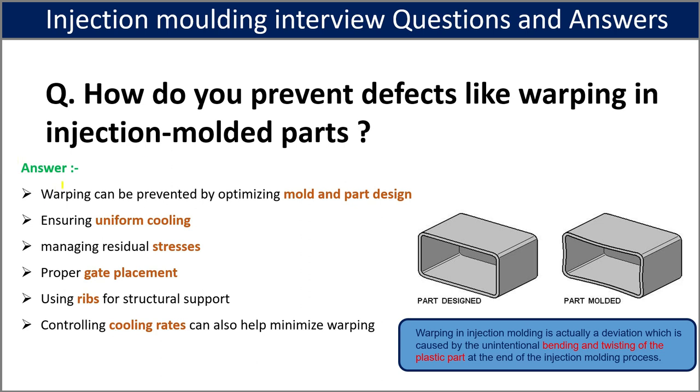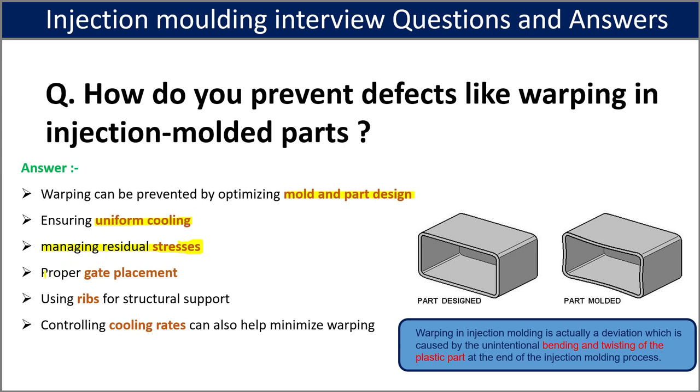Okay, so to avoid warping, we need to optimize the mold and the part design. We need to follow certain guidelines for the part design or the mold design. Also we need to ensure uniform cooling of the part or the mold, and manage the stresses inside the part.